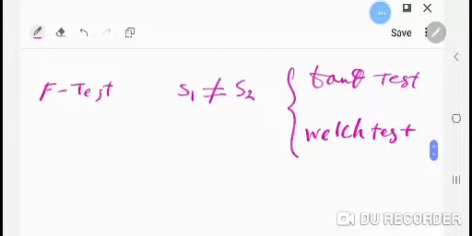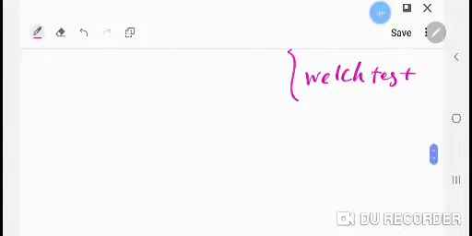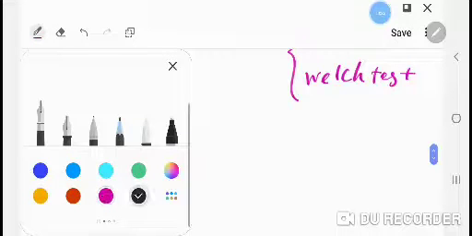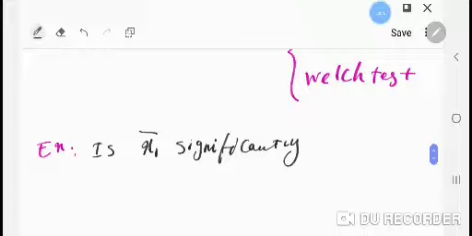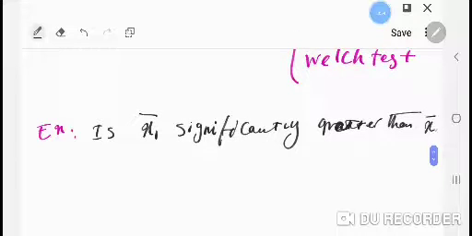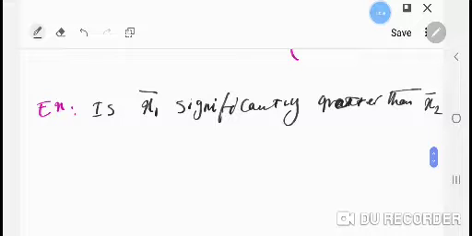This is an example: is x1 bar significantly greater than x2 on the following data?